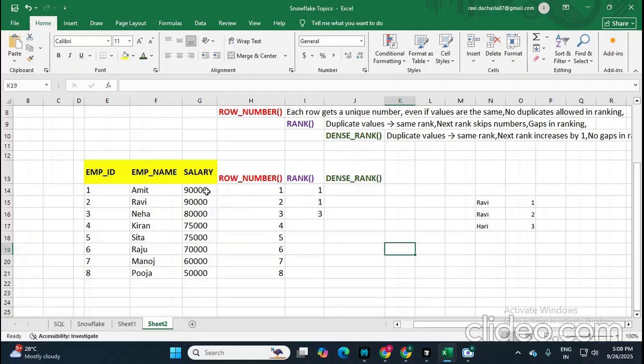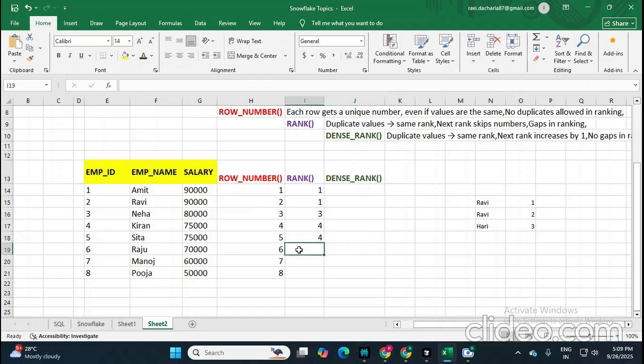When these two values are the same, it assigns the same rank because they are duplicate values, and for the third one it skips a number. The second number was skipped here, so rank 3 is assigned directly. After that, 75,000 gets 4. Kiran has 75,000 and Sita also has 75,000, so again we assign rank 4.